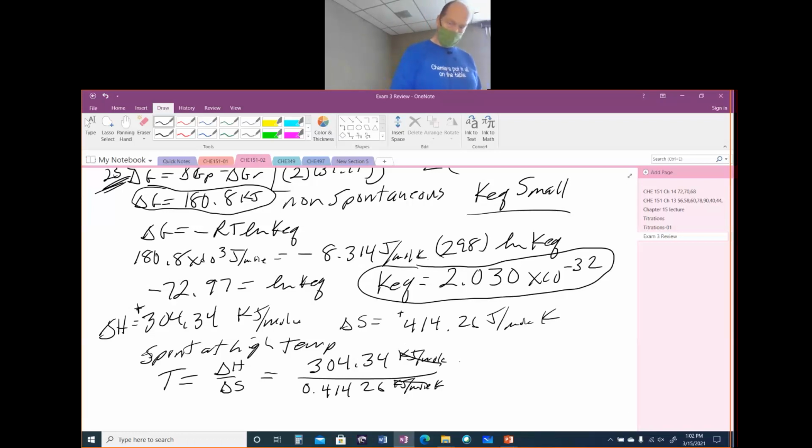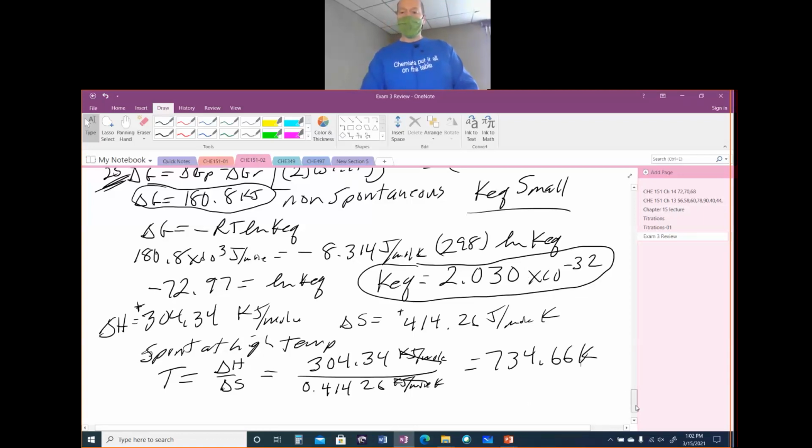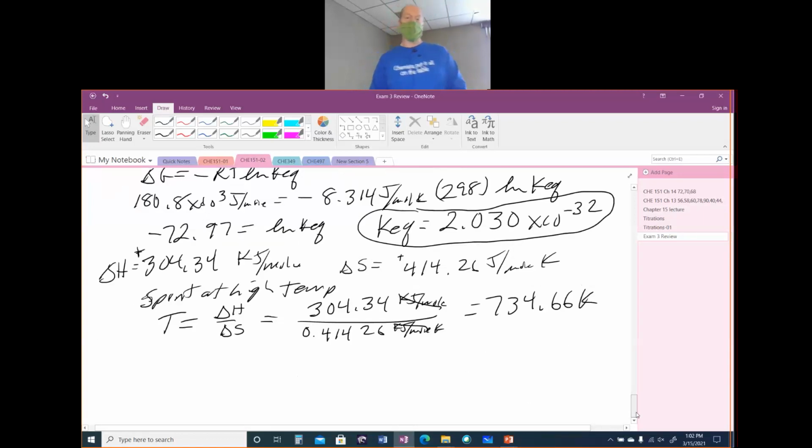So 304.34 divided by 0.41426 gives you a temperature of 734.7. No, 734.66. All right, so that's a lot of sig figs for a temperature.